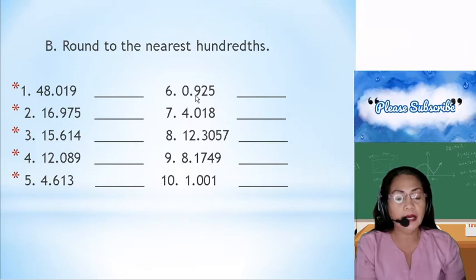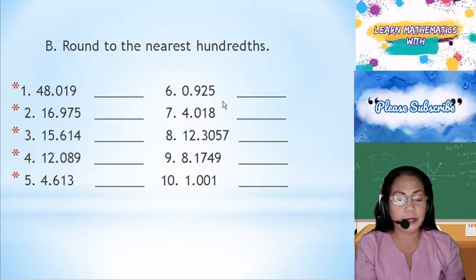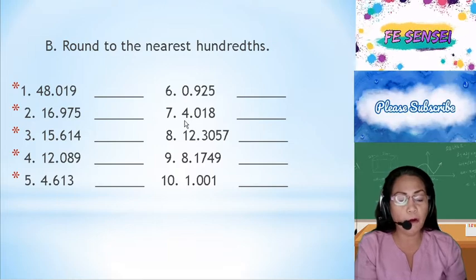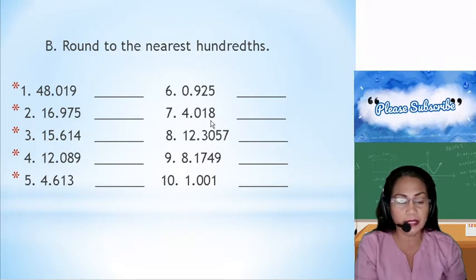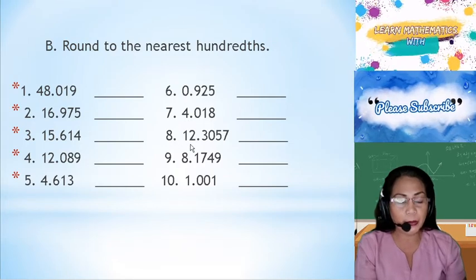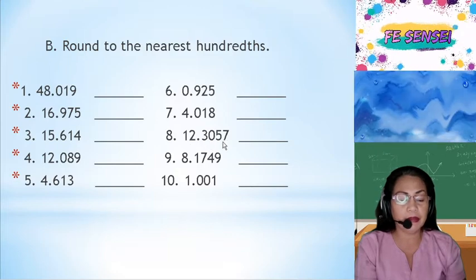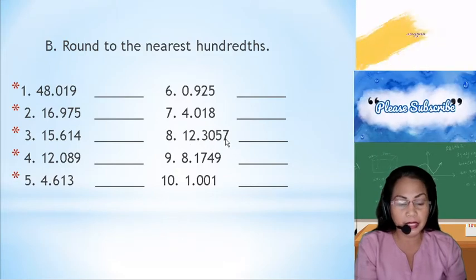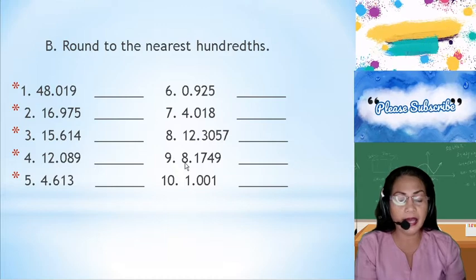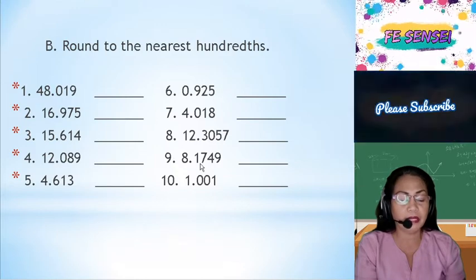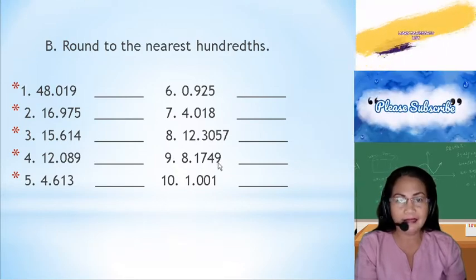Number 6, 925 thousandths. Number 7, 4 and 18 thousandths. Number 8, 12 and 3,057 ten-thousandths. Number 9, 8 and 1,749 ten-thousandths.